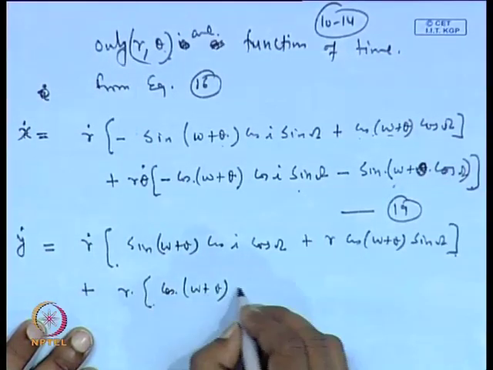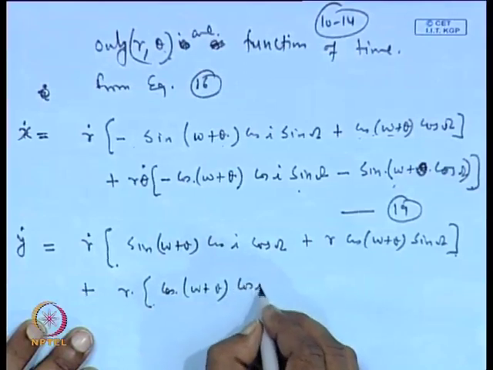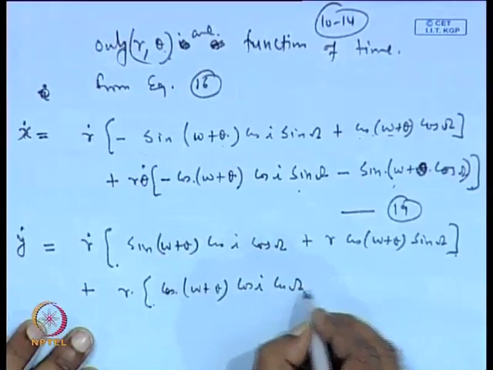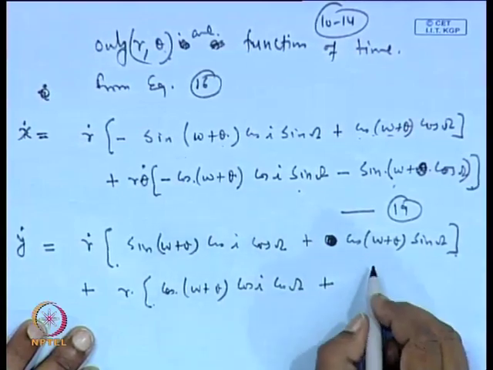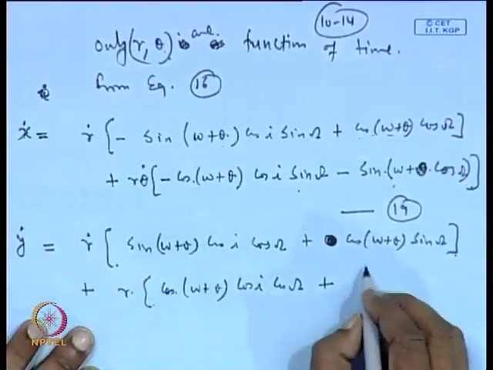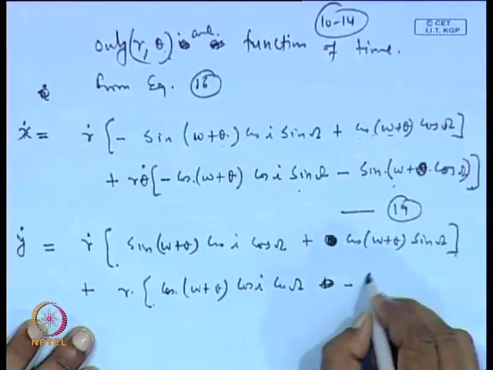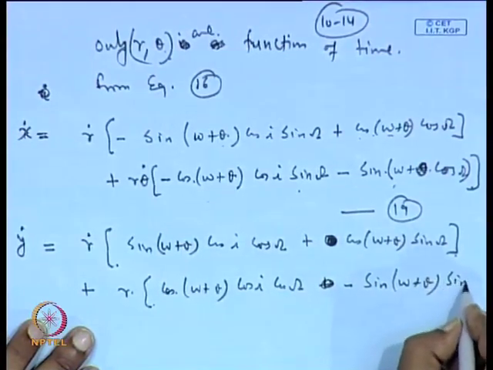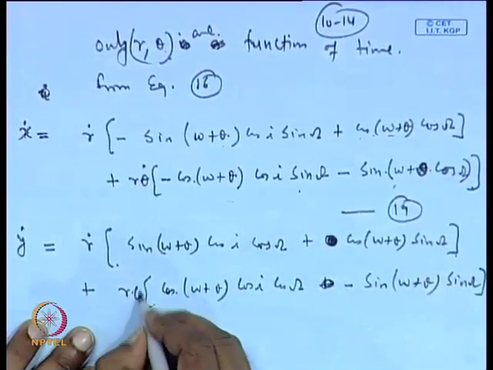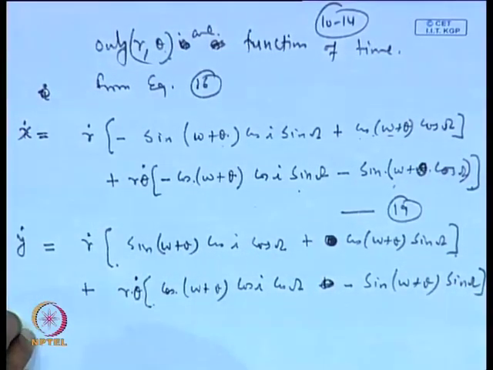Theta dot we will take outside later on, with cos I cos capital omega. Here r is not there, r we have taken outside. So, this becomes minus sin(omega plus theta) times theta dot sin capital omega, and theta dot we take outside and write in this place.